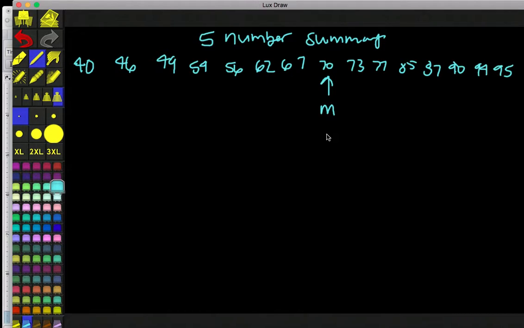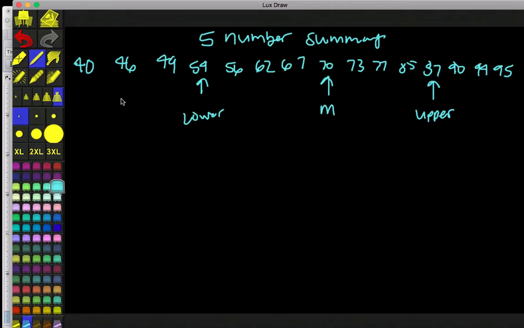Okay, is 70. Then I count these 1, 2, 3, 4, 5, 6, 7. So I'm going to take my middle number, 3 on each side. 87, sorry, is my middle number. And that gives me my upper quartile. I do the same thing down here. There should be 7 on each side. I pick my middle number, which is 54. That's my lower.